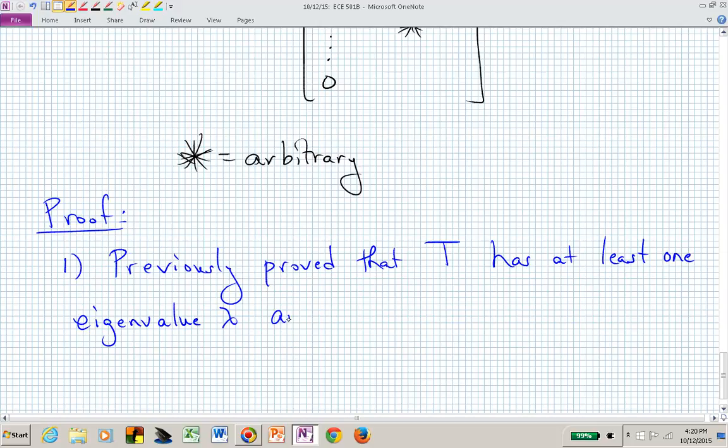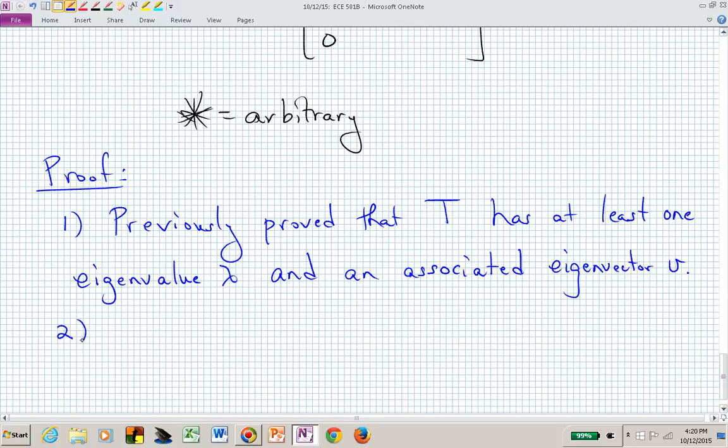Lambda, and an associated eigenvector, let's say v. And two, we previously proved that we can always extend a linearly independent list of vectors into a basis.